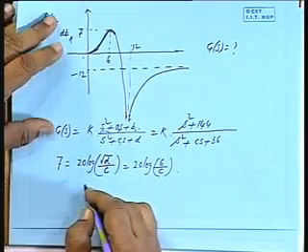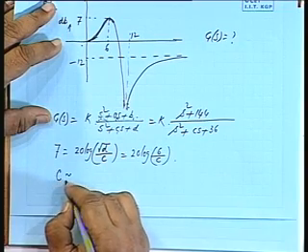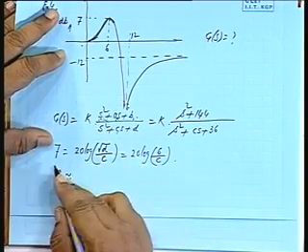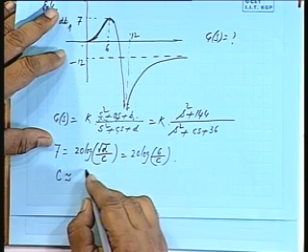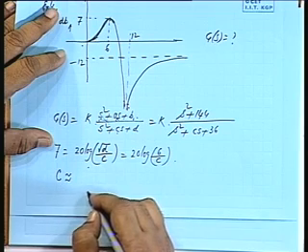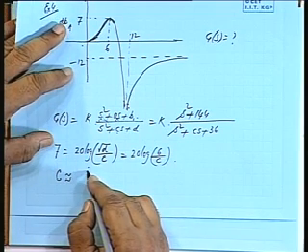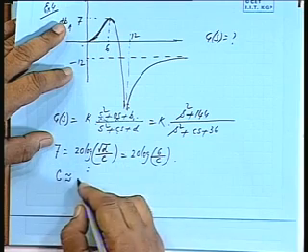So, from there c, if you compute 7 by 20, it will be approximately 0.35, antilog 0.35.